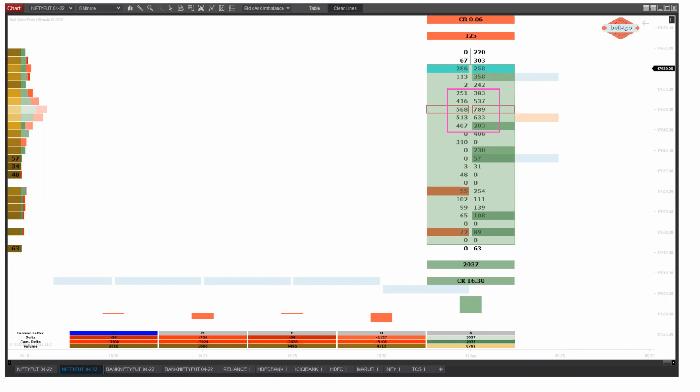And you can notice at the bottom, here, you are able to see the total volume. This total volume is nothing but total buyer volume plus seller volume. So the candle is about to complete, hardly another 40 seconds. The candle is about to complete.